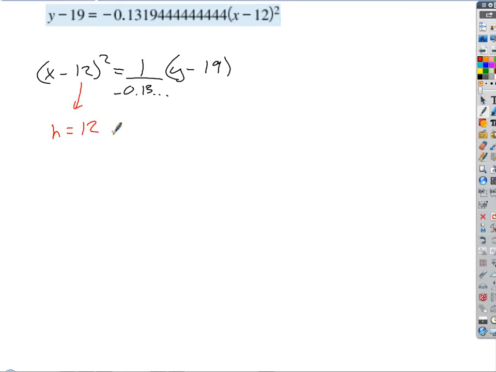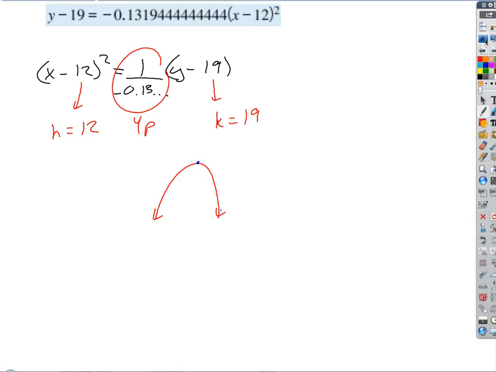Okay, so we can see from that that h is 12, k is 19, and 1 divided by some negative decimal is going to give me back a negative value for 4p, which means p is negative. So this is a vertical parabola because x is being squared, and it opens down. And so we know that the coordinates of the vertex here represent the highest point that the ball hits, right?